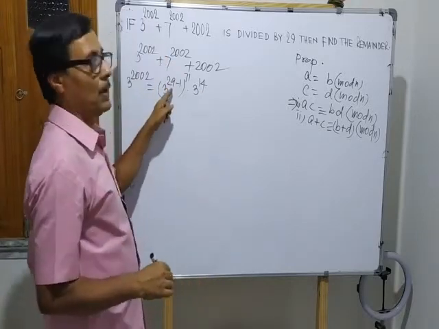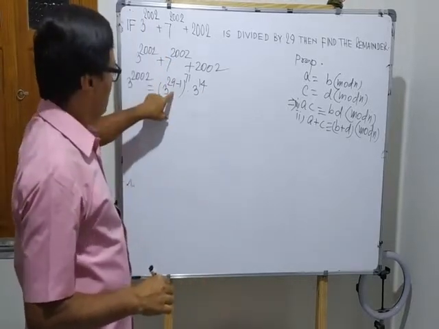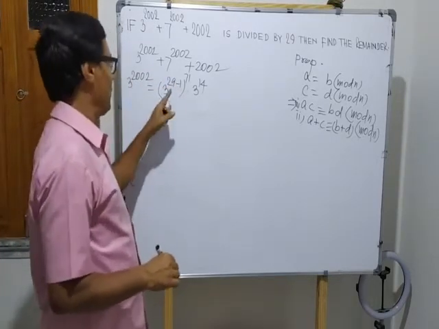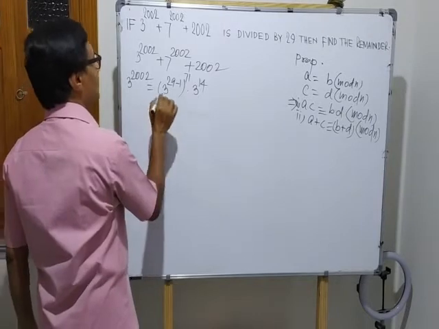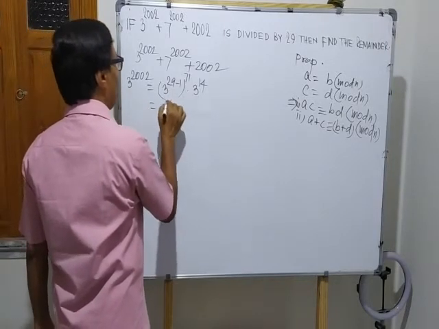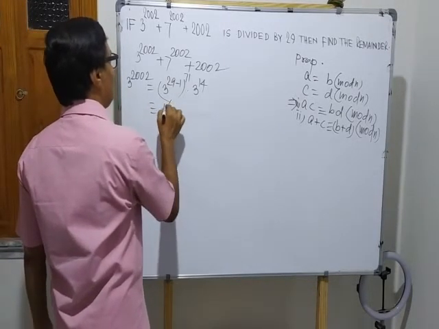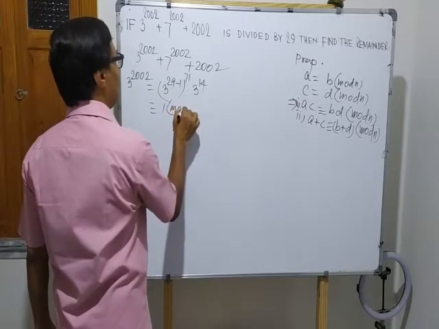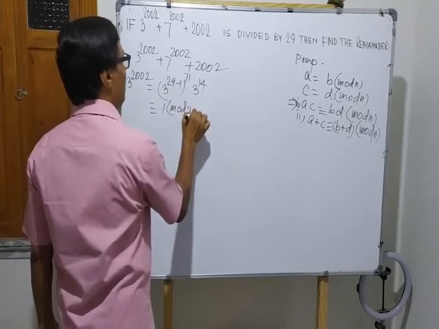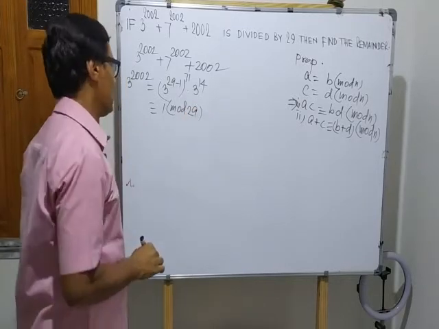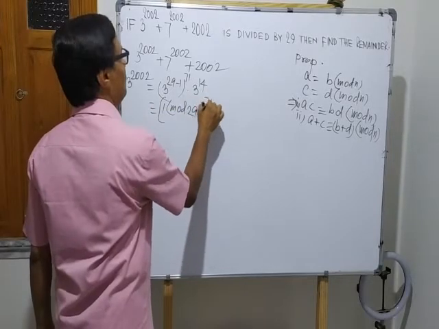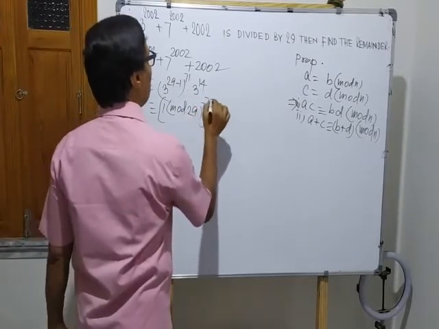Now we can apply Fermat's theorem on this. That is, 3 to the power 29 minus 1 is congruent to 1 modulo 29. This is Fermat's theorem. So this is raised to the power 71, into 3 to the power 14.